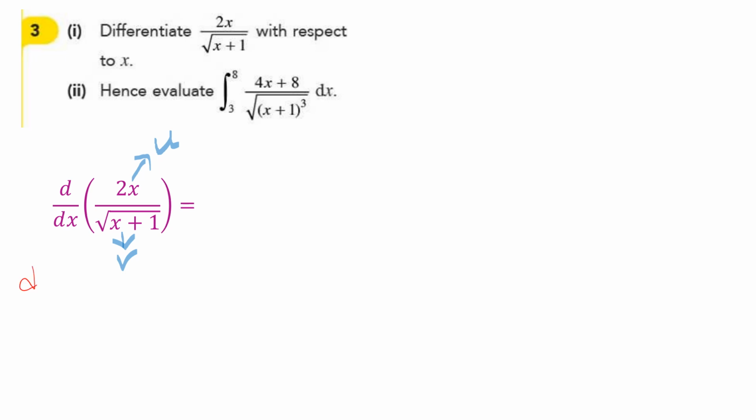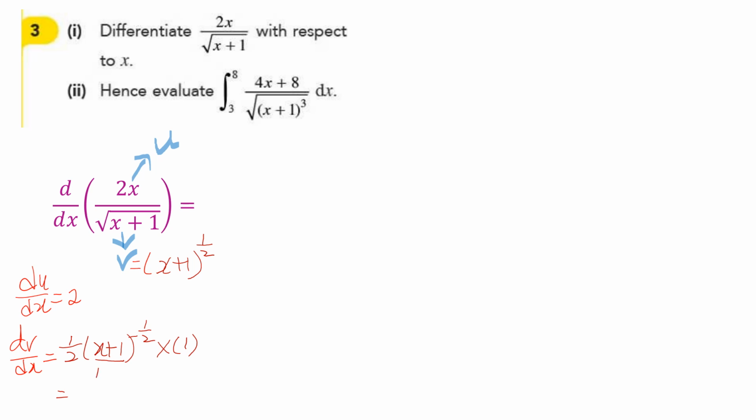So I would have du over dx equals 2, and dv over dx will be, this v will be bracket x plus 1 to the power half. So when you differentiate it, I bring out the half, take half minus 1, that gives you negative half, times the differentiation of this, which gives me 1. So I will end up having 1 over 2 square root of x plus 1.